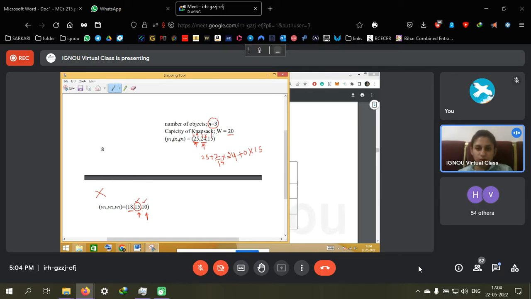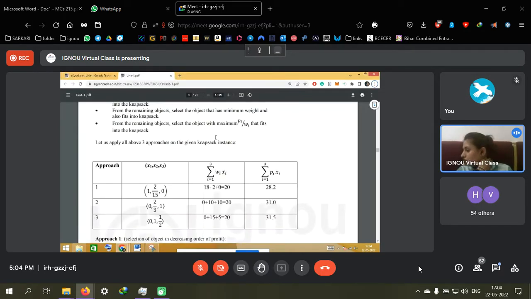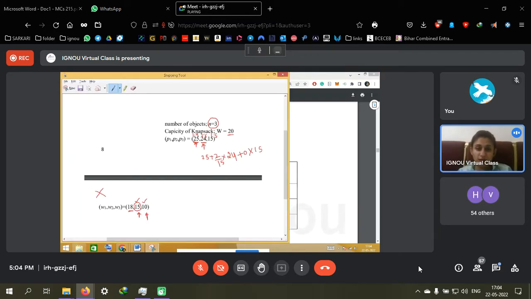I'm not sure, but when I did the calculation in the previous semester, I think this will be the value. So the first one is 1.4, 1.6 and 1.5.